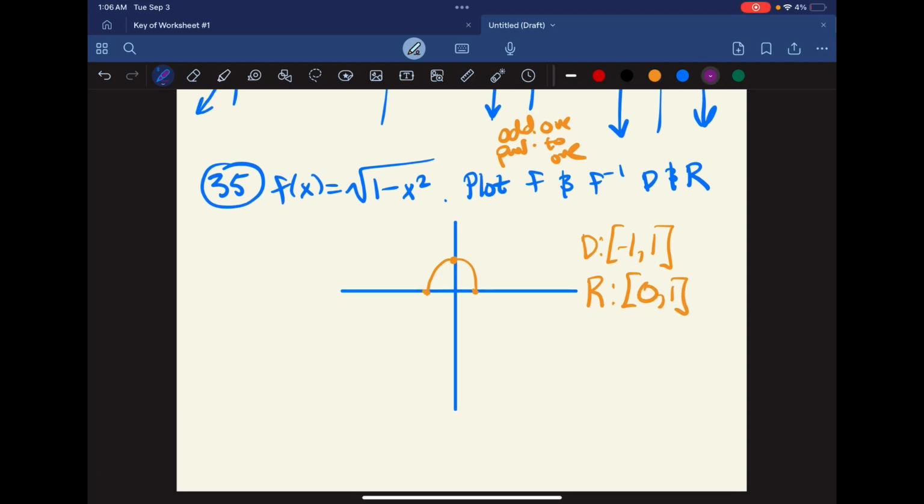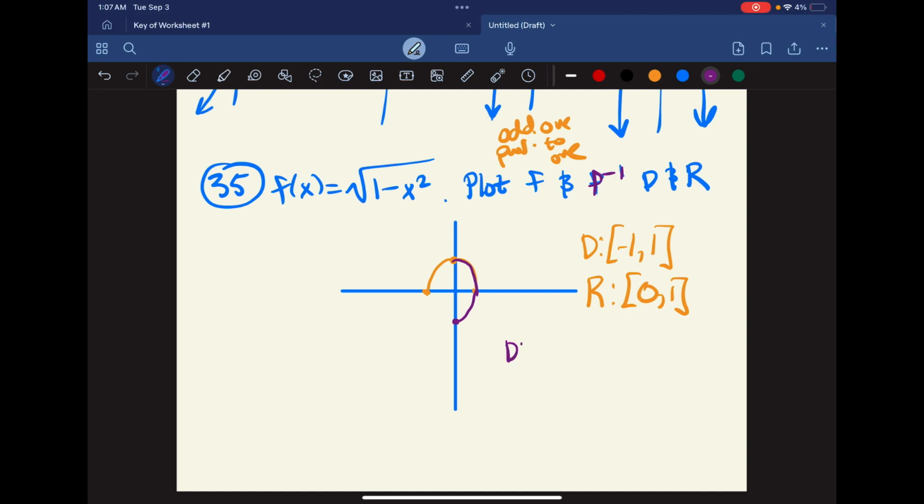And then if we wanted to find the inverse of it, it would literally just be this, and then it would go down here. And you could do the algebra for this, but this is what it would end up looking like.